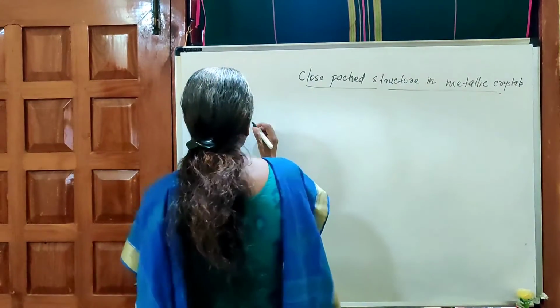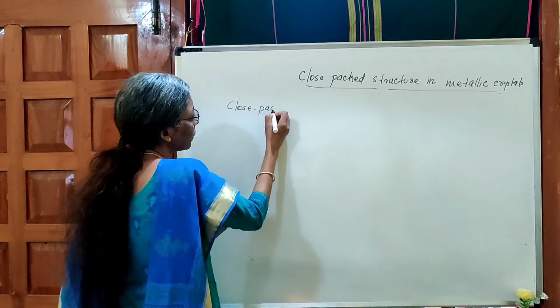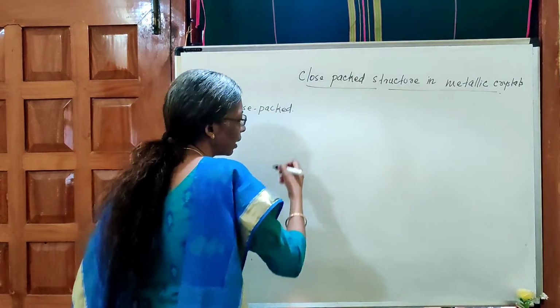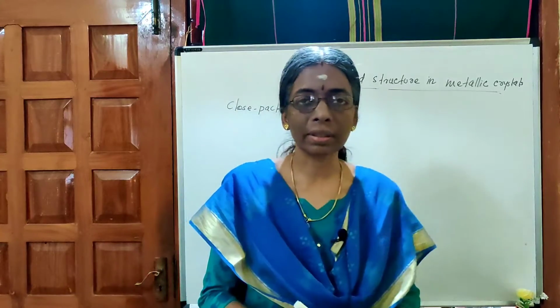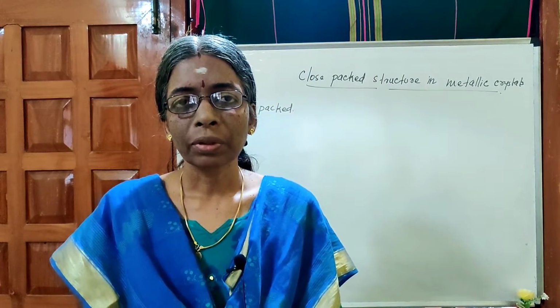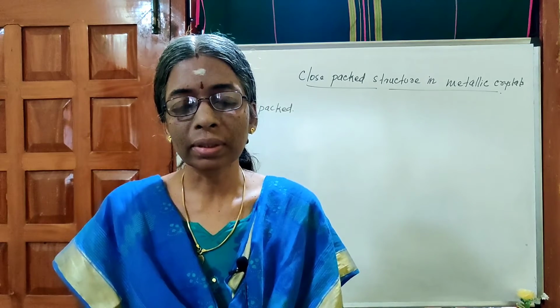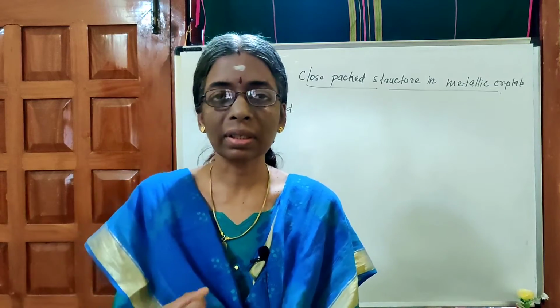So what is close packed? Close packed means, as we have seen in previous classes, primitive cell, non-primitive cell. If you take ionic compounds, how each unit cell is arranged in the crystal.